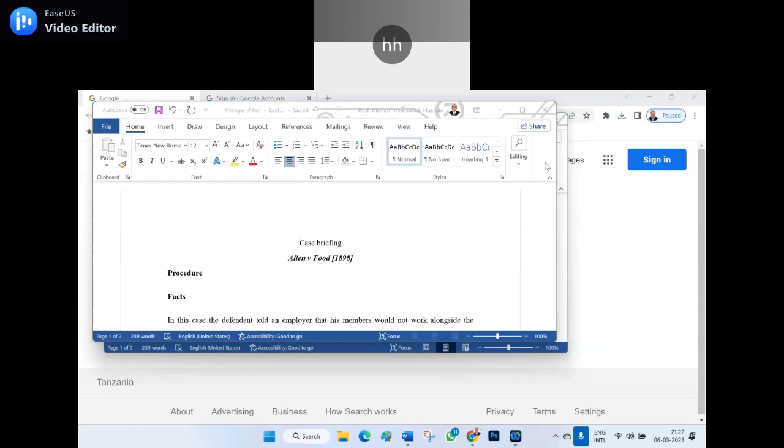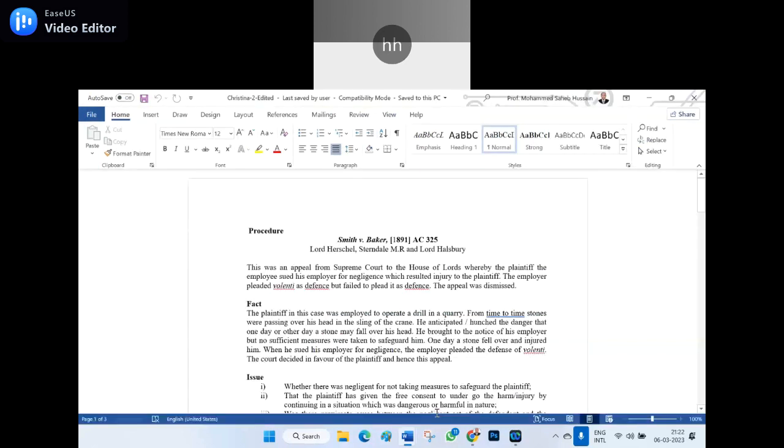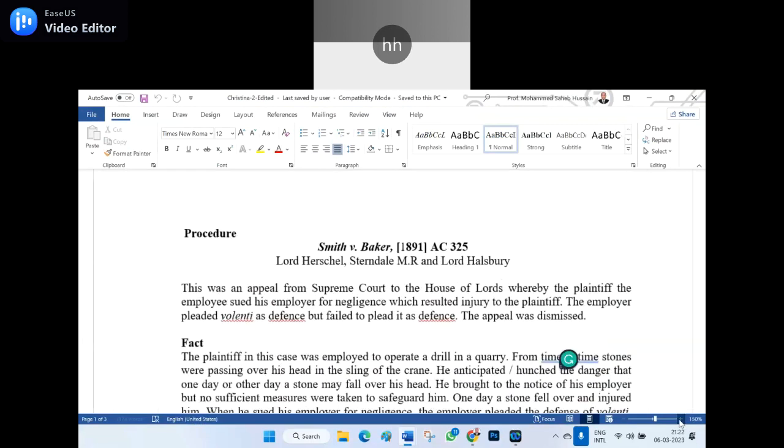Now let us see the work of... why it is so short, I don't know. I want to magnify it. Yes. Now I would like to magnify it, the work of Kitenge, who sent it to me.